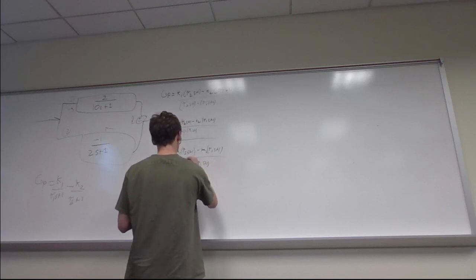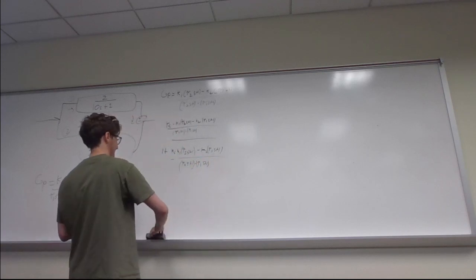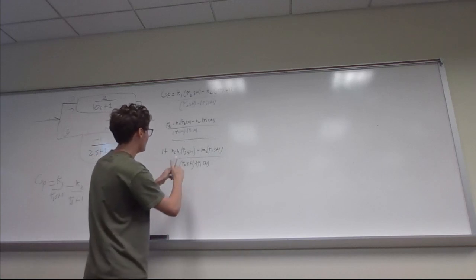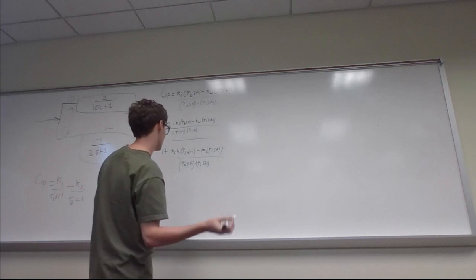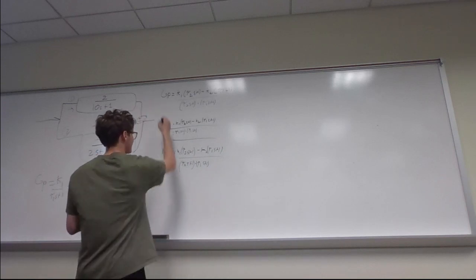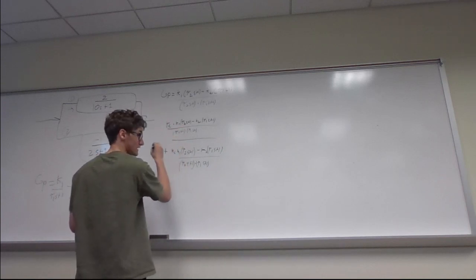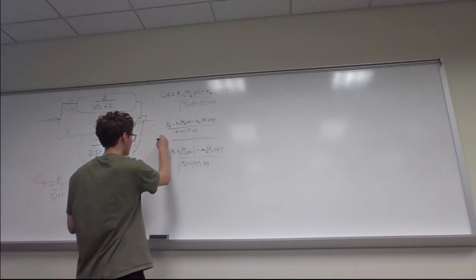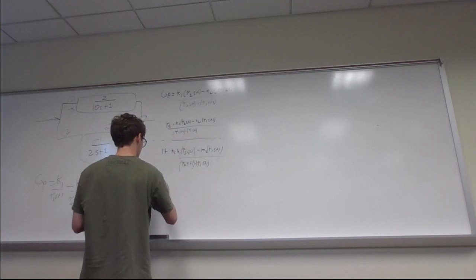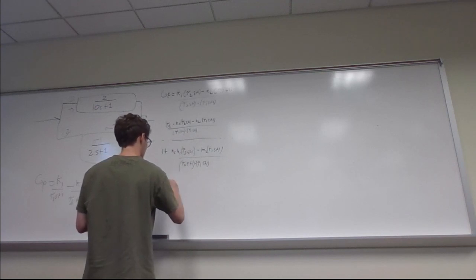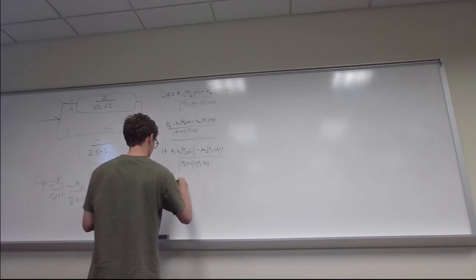All right. This is what's going to happen. Everything is going to cancel except for what's right here. So it's going to be okay. But yeah, this is all just one giant thing. Isn't that just a pain in the butt? So we're going to get tau 2 s plus 1 times tau 1 s plus 1.